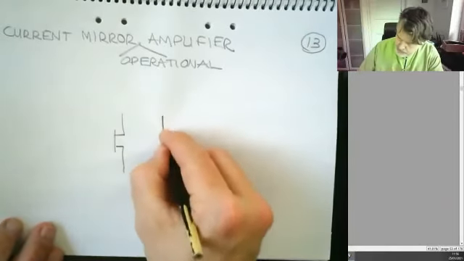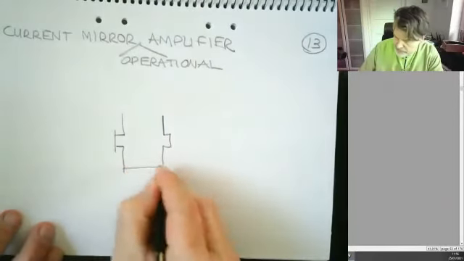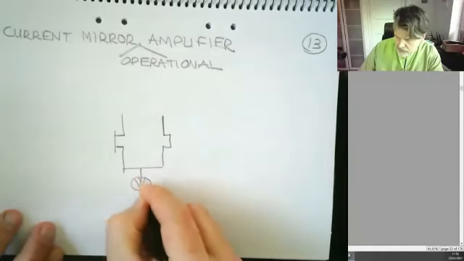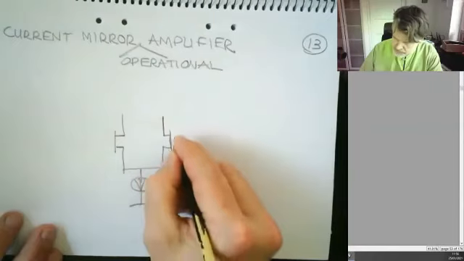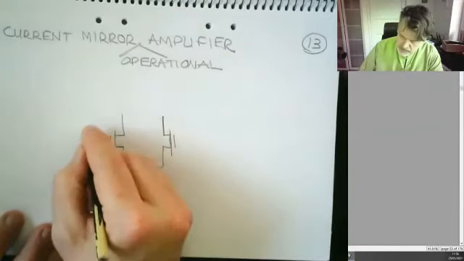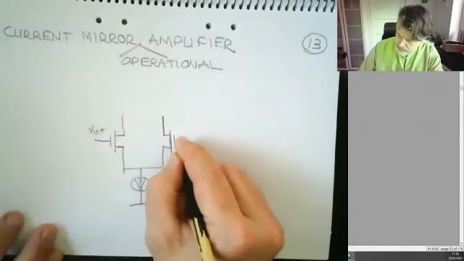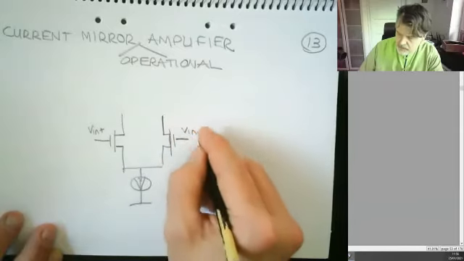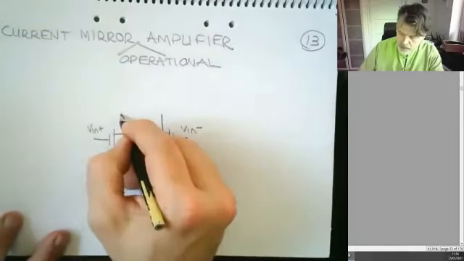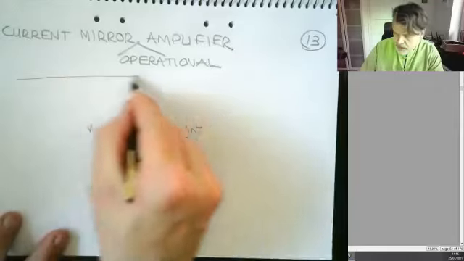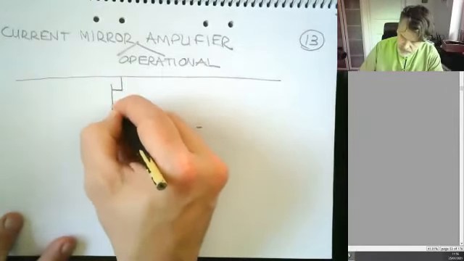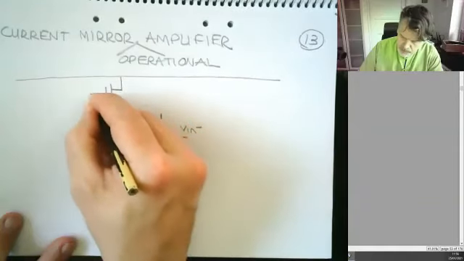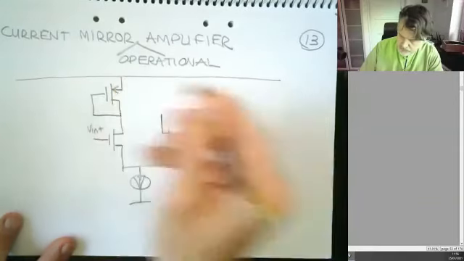we connect the input differential pair, current source, that's a single transistor more or less, nothing complex. V in positive, V in negative. And now in the current mirror case, I connect both output branches to a PMOS current mirror like this.